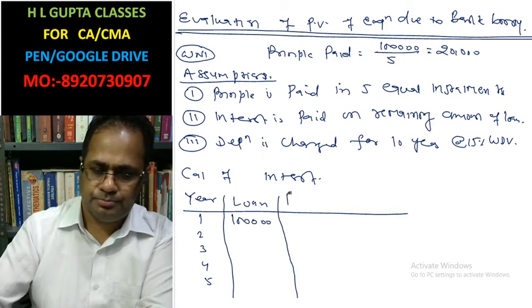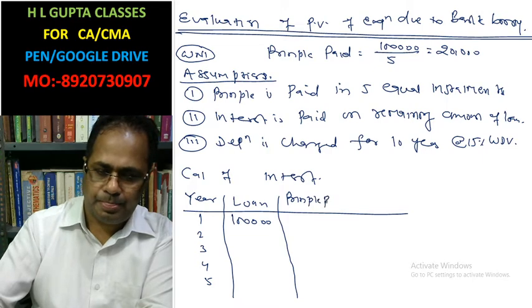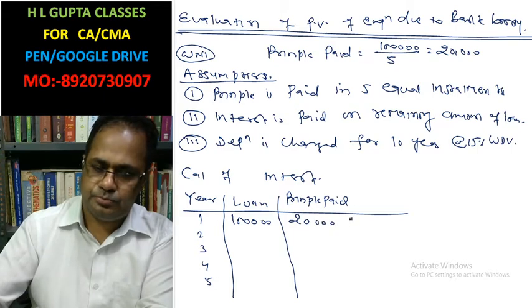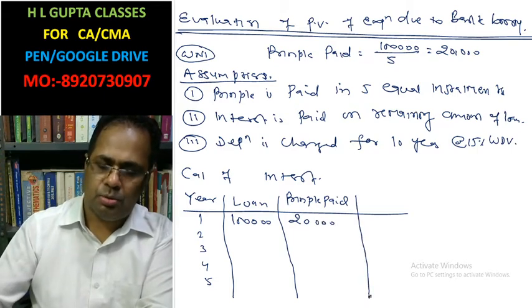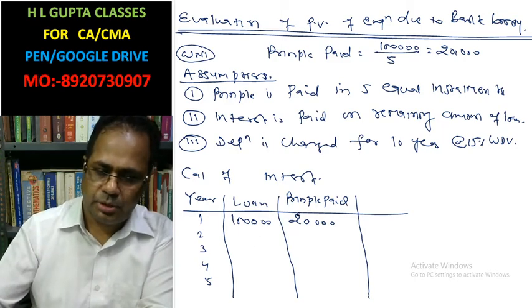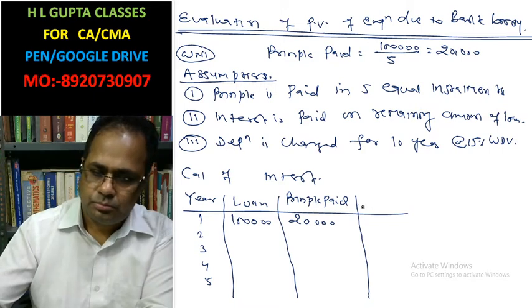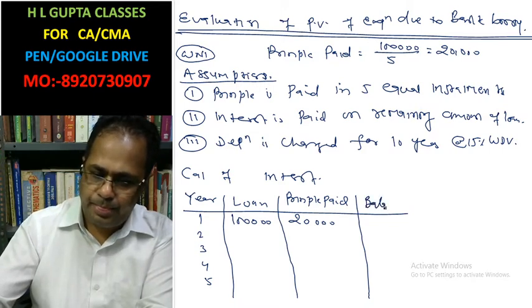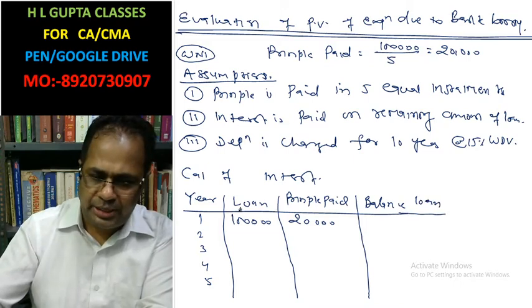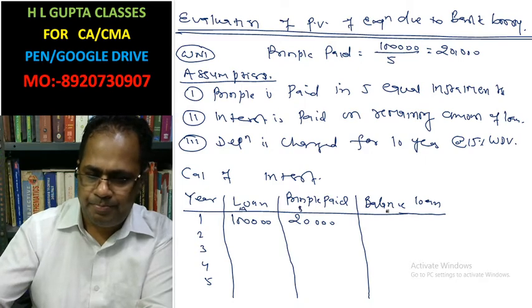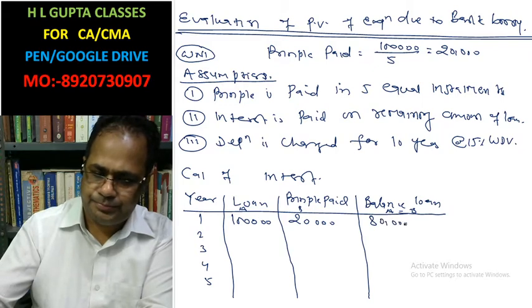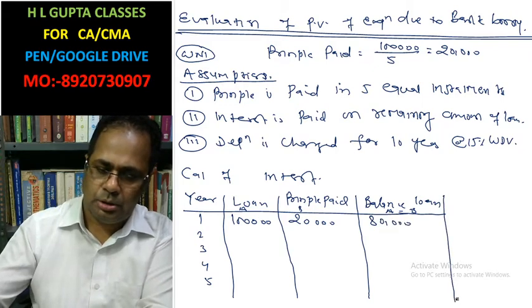Principal paid 20,000. Balance loan. Suppose this is A and this is B, then A minus B, that is 80,000. Interest.